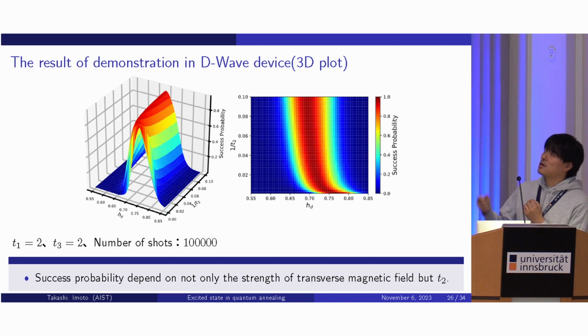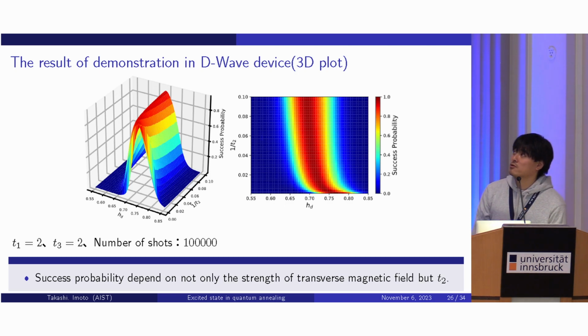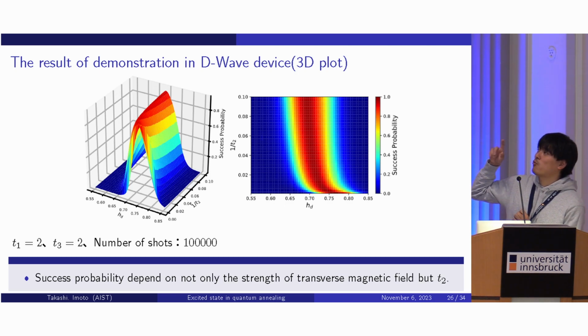HD means the amplitude of the transverse magnetic field, and 1 over T2. So T2 means, yeah, this time. Okay.